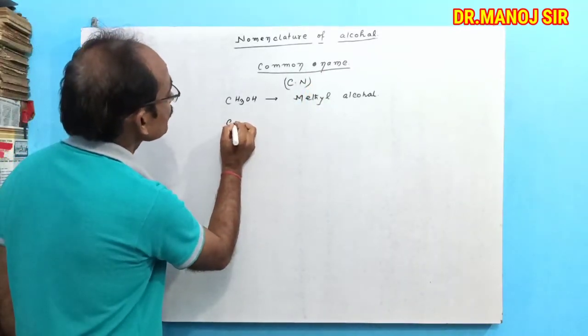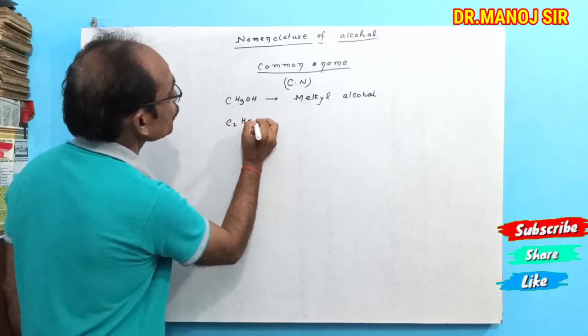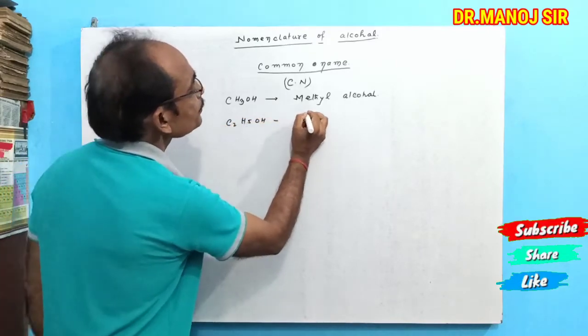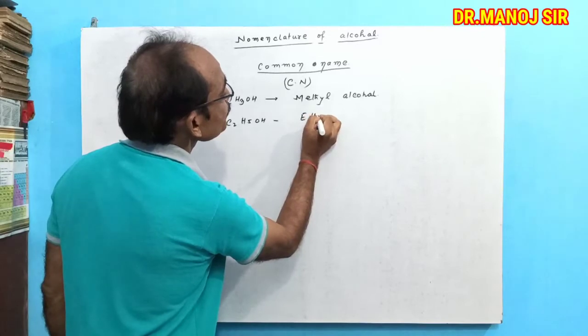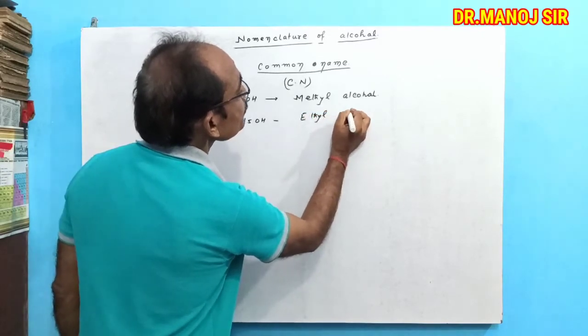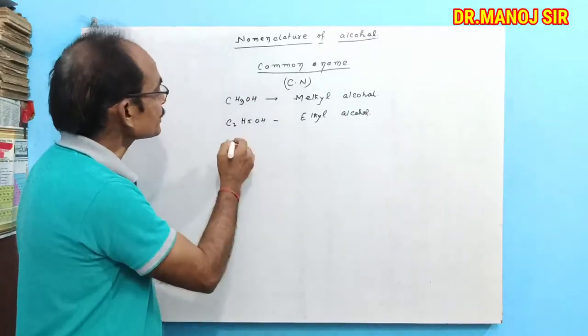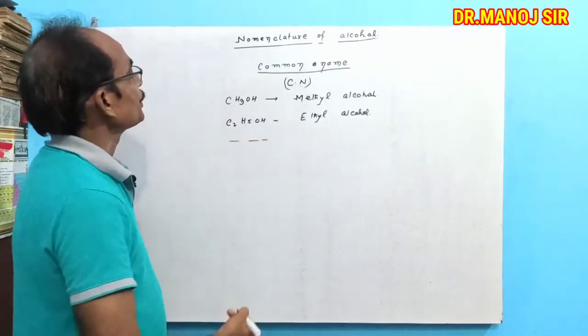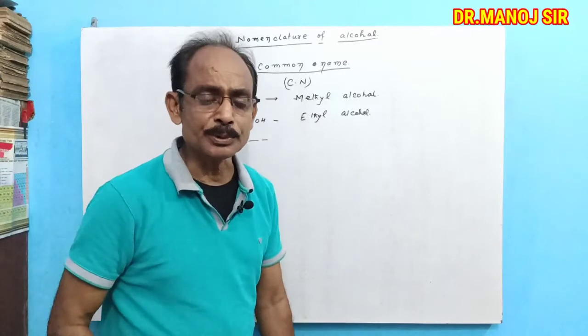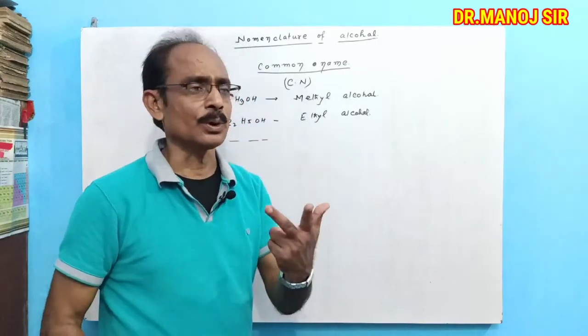Ethyl alcohol is C2H5OH, and serially propyl alcohol, butyl alcohol, and so on.